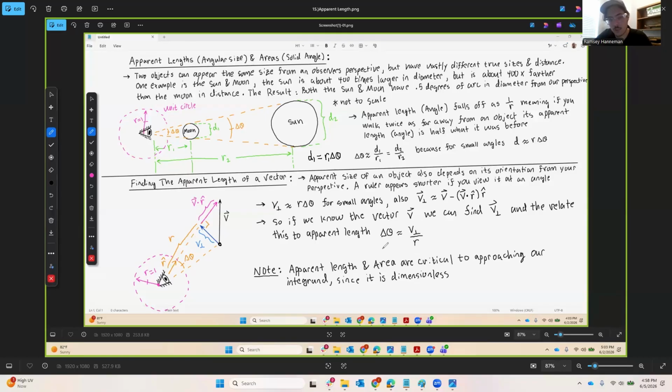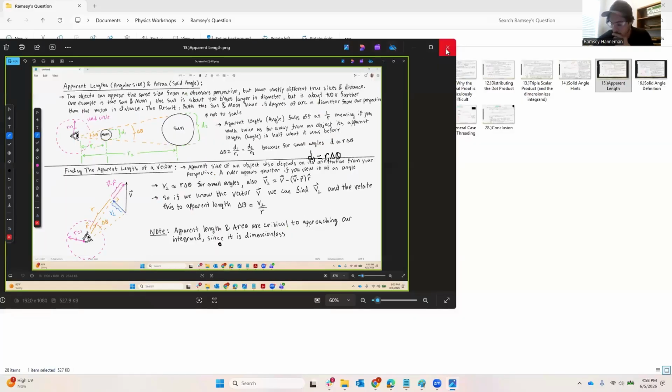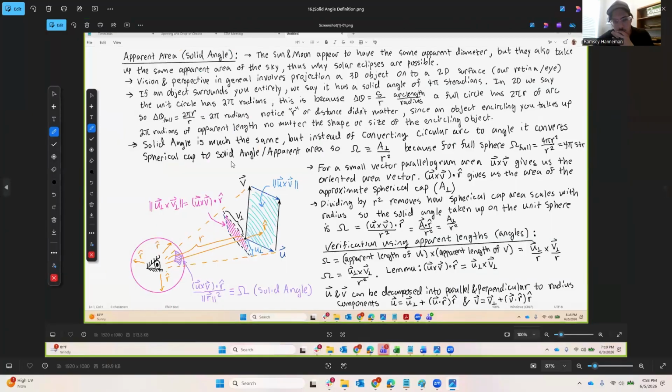So apparent length and area are very crucial to this integrand. And you can imagine getting into 2 dimensions with solid angle: it's going to be two apparent lengths multiplied together to get an apparent area.